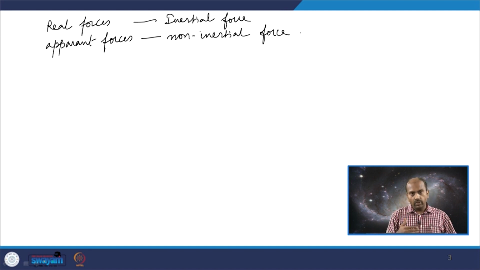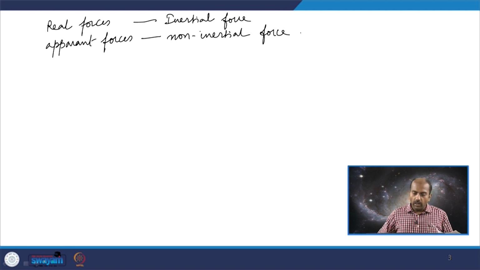And if the frame of reference is being accelerated, let us say a rotating frame of reference, it may move with a constant speed, satisfying the inertial nature to an extent, but if it is rotating, its velocity is changing angularly. That means its direction is changing, so it is an accelerated frame of reference. When it is an accelerated frame of reference, you talk about non-inertial forces.